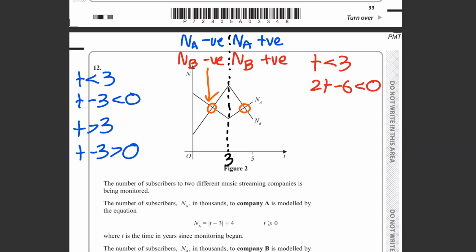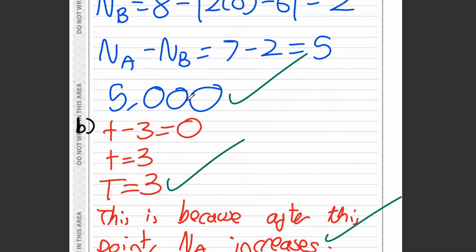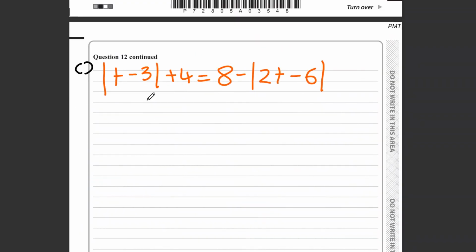So for this one here, we know that the functions inside the modulus for both NA and NB are going to be negative. So we can use this in order to solve this equation, because we know this t minus 3 is going to be negative, and then we have this plus 4 here, and this is equal to 8 minus, and we know this 2t minus 6 is going to be negative, so it's going to be minus this 2t minus 6.